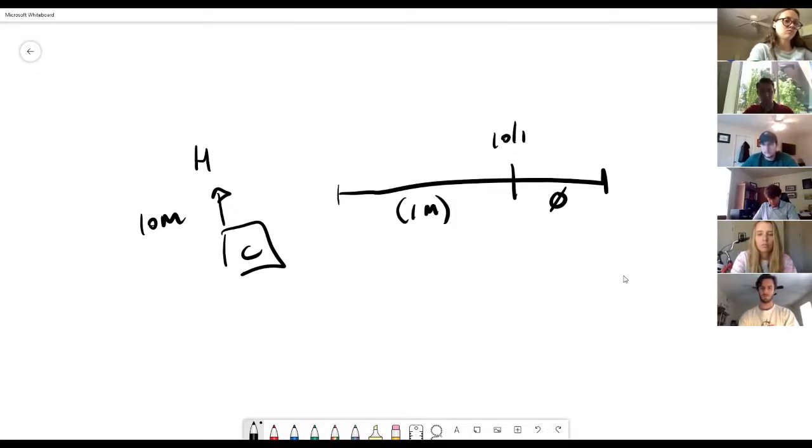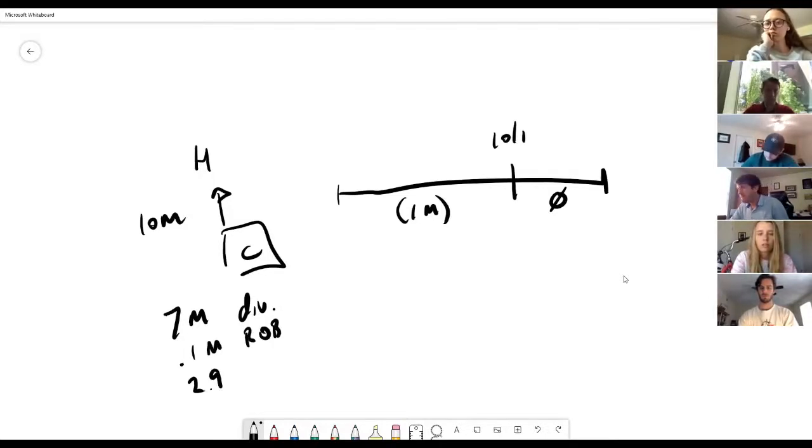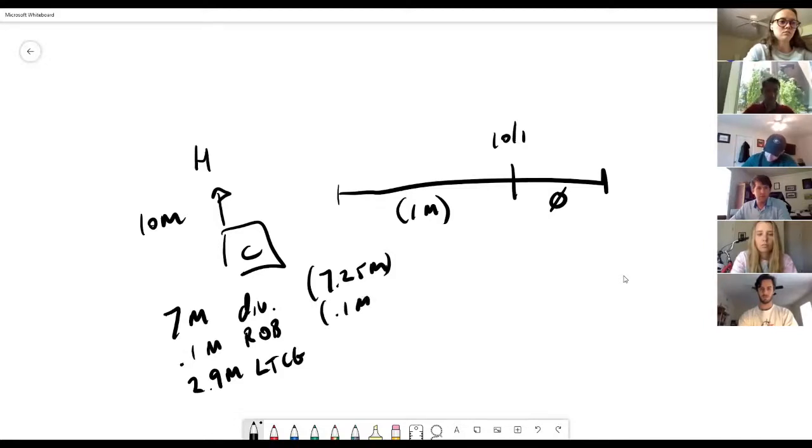And so that would mean 7 million would be a dividend. Another, again, 0.1 million recovery of basis, and 2.9 million of long-term capital gain, compared to before we had 7.25 million, 0.1 million, and this was 2.65 million.